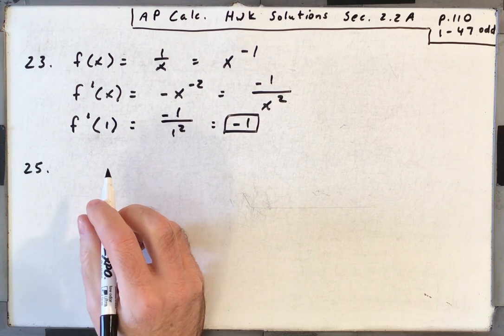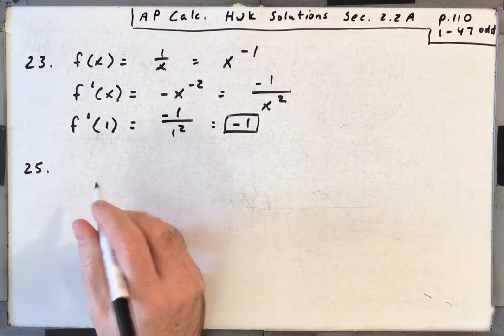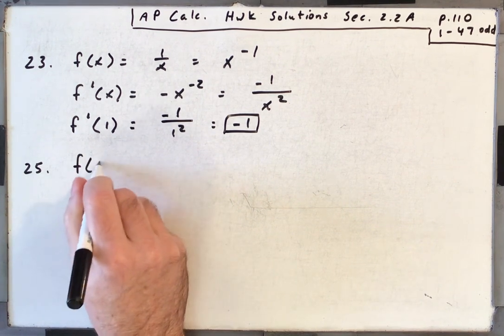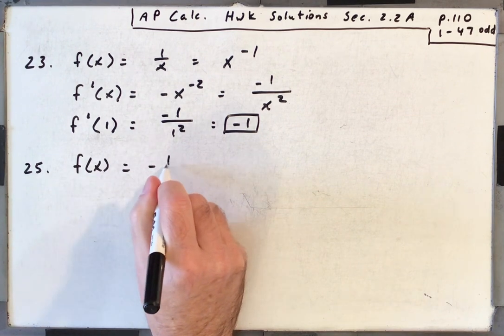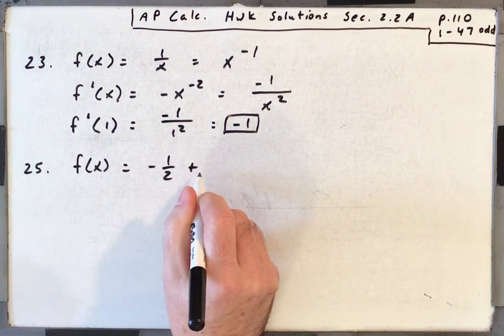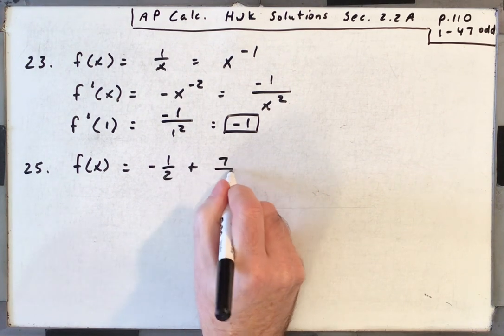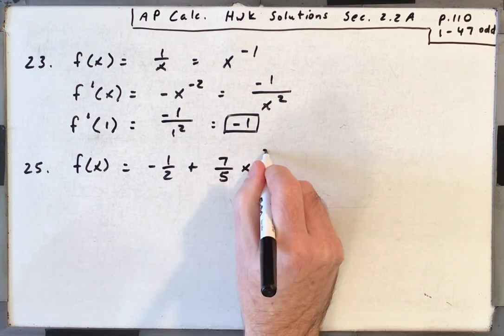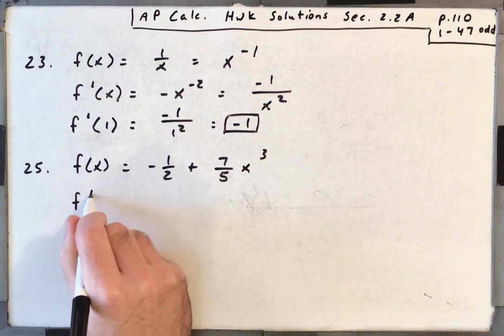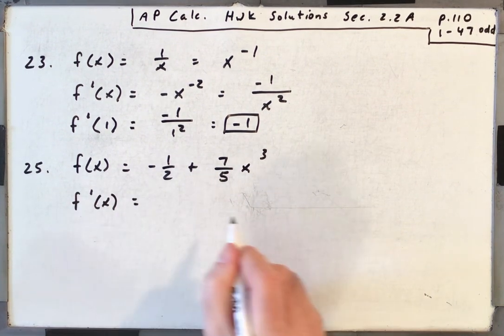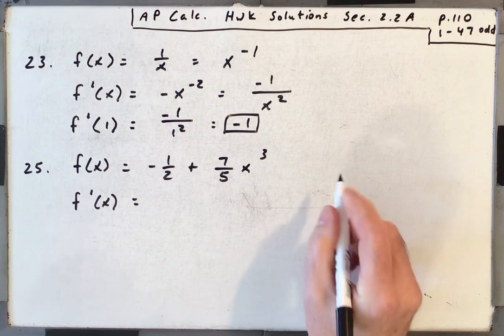25, we got negative 1/2 plus 7/5 x cubed. All right, f prime of x. And our point that we're interested in is 0, negative 1/2.